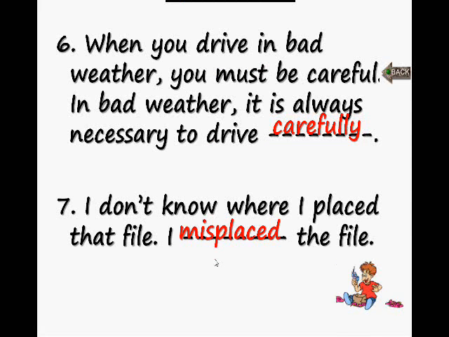Definitely I misplaced the file. It means that I put it in a wrong place. Misplaced, remember we have miss, and of course miss means that I put it in the wrong place. I don't know where it is, and I changed its place, and of course I misplaced it.